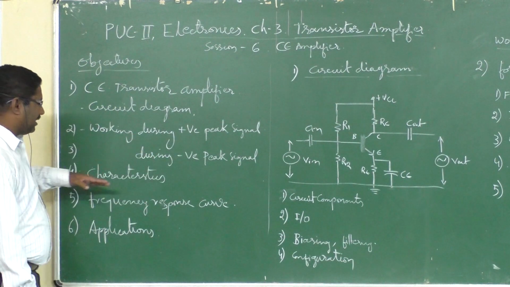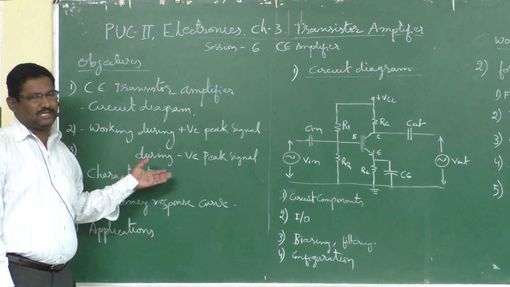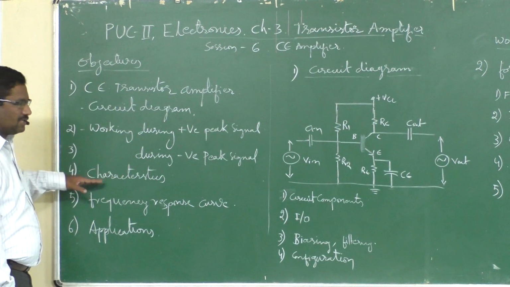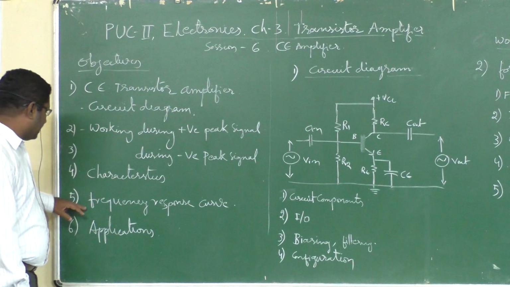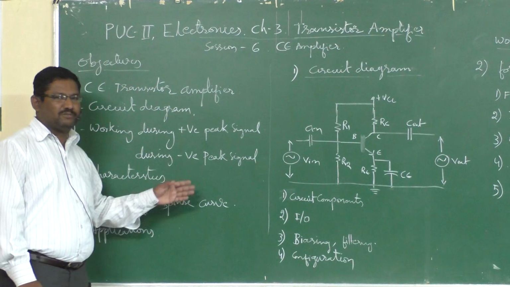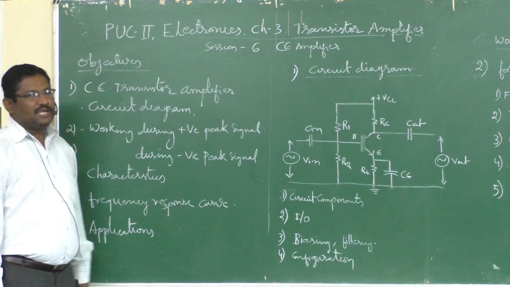Then the general characteristics of the CE transistor amplifier: input impedance, output impedance, current gain, voltage gain, power gain, and phase shift. Then the frequency response curve for low frequency, mid frequency and high frequency, and then the applications of this CE amplifier.